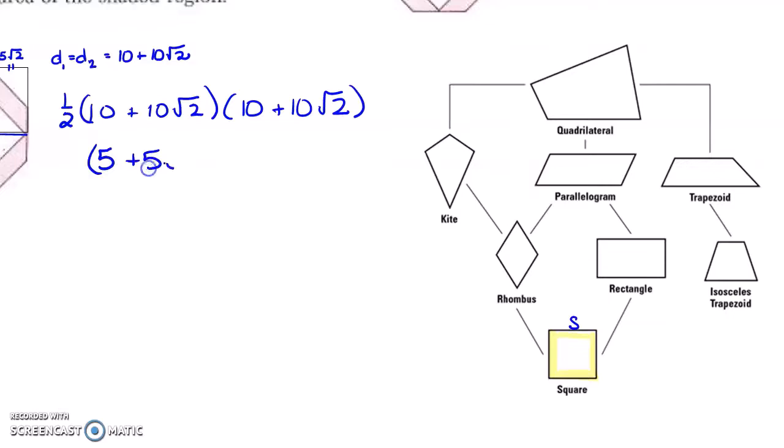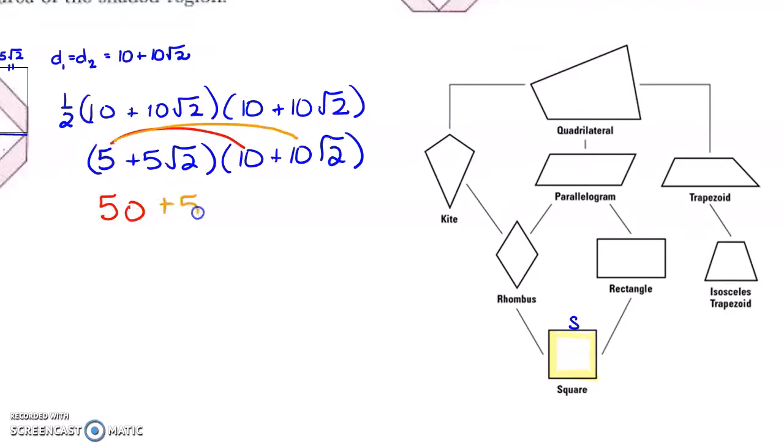So 1/2 of one diagonal gives me... okay, so 5 times 10 gives me 50, and then root 2 times root 2 gives me 2.